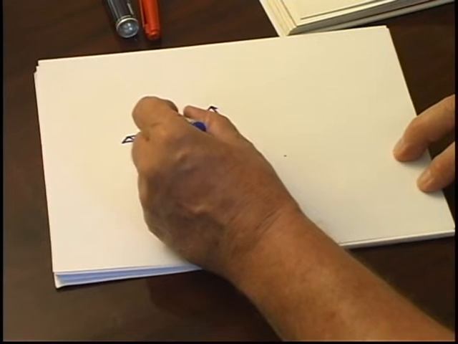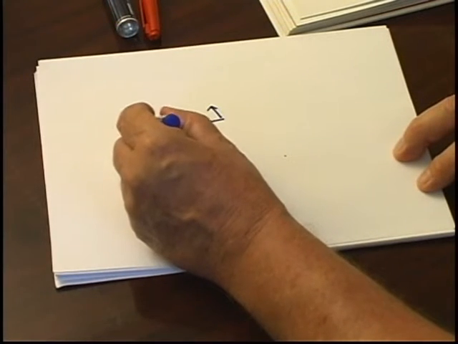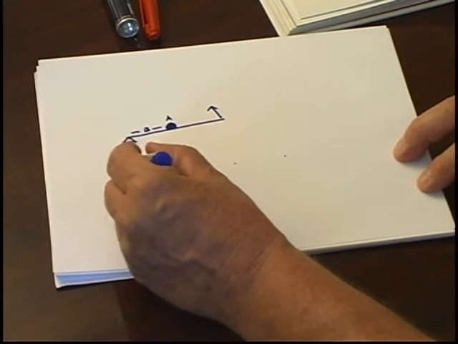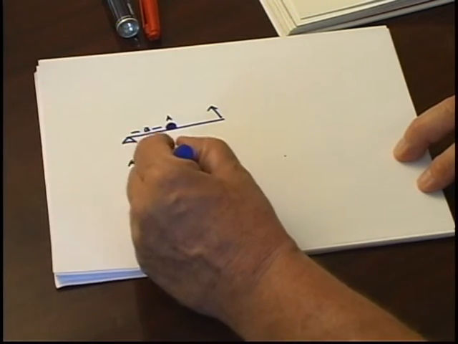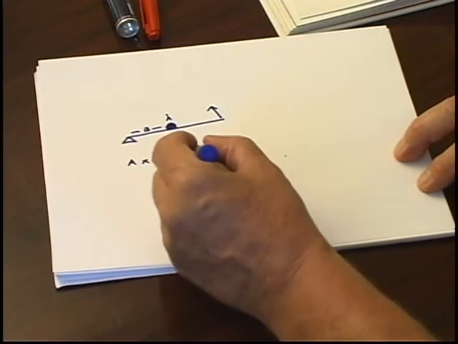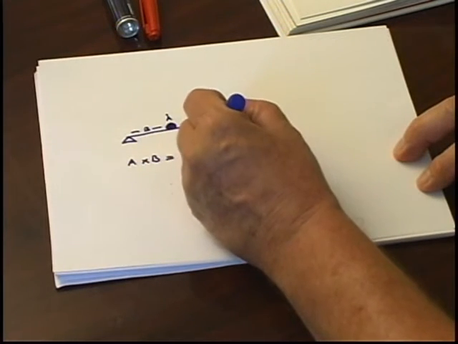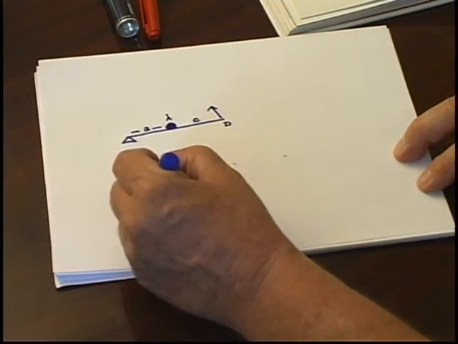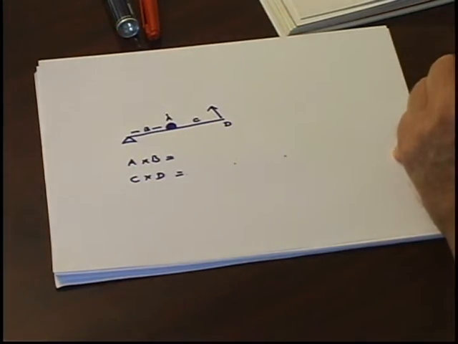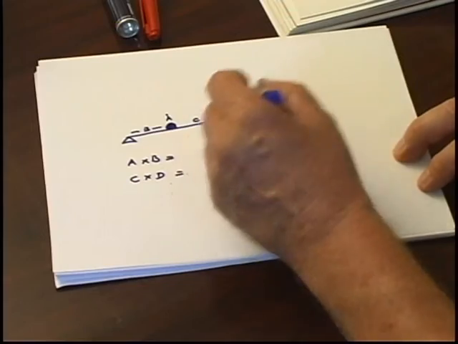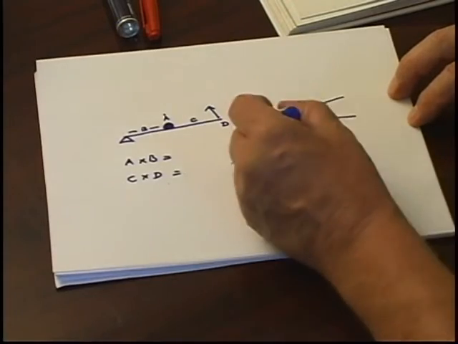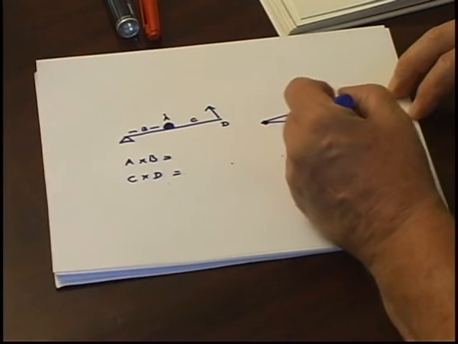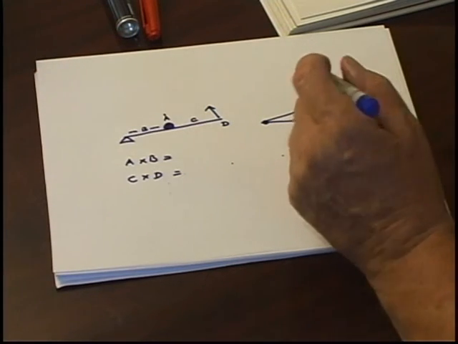You measure this, let's call that A, you measure this, so A times B will tell you what the force there is. Let's call this C, and this is D. C times D is another force. And an example of something like this is a nutcracker. If you want to crack nuts, it looks like that. You know, you have this and you apply this force and it cracks the nut.